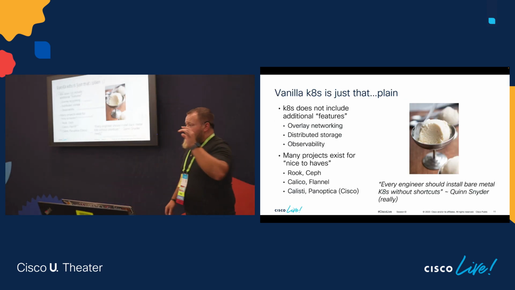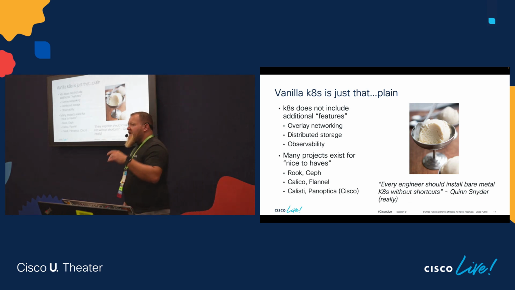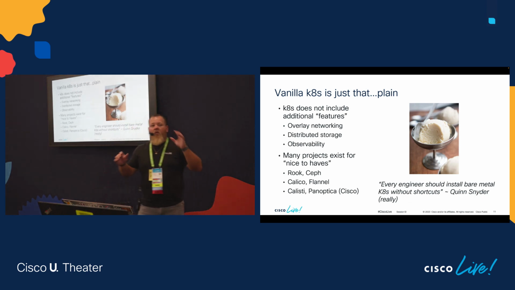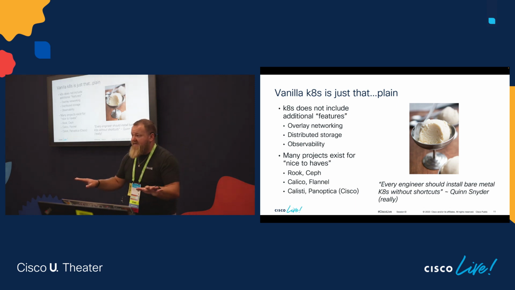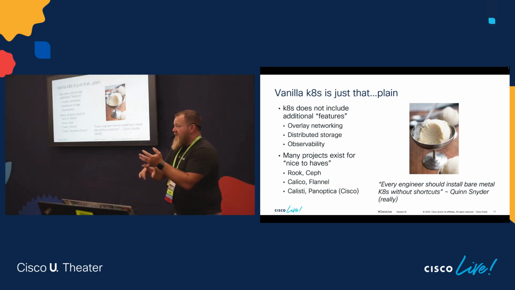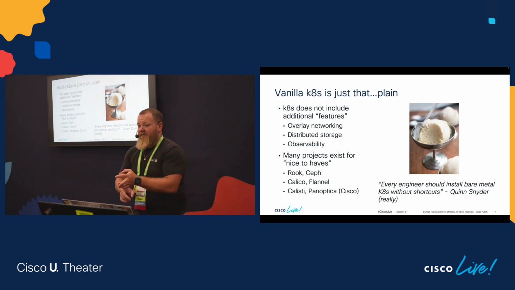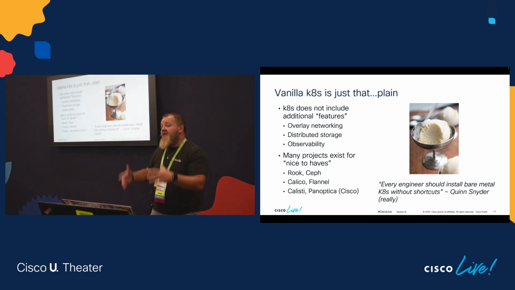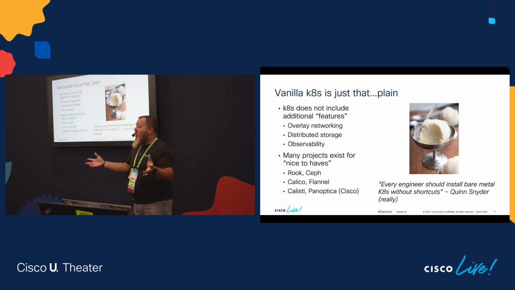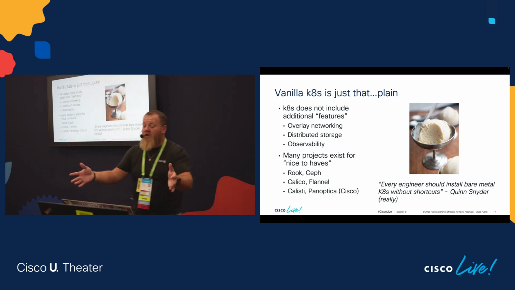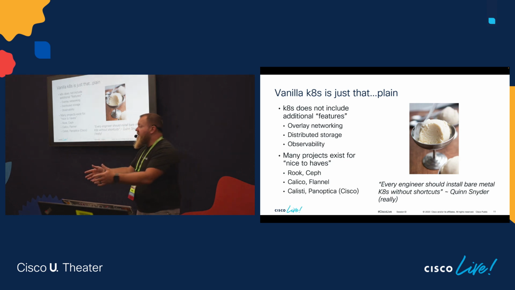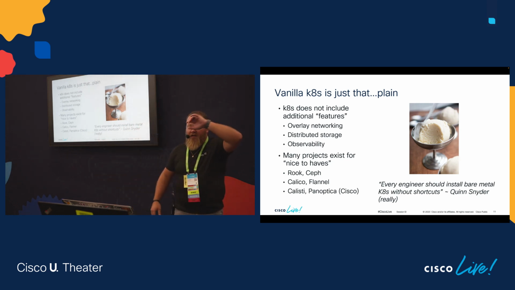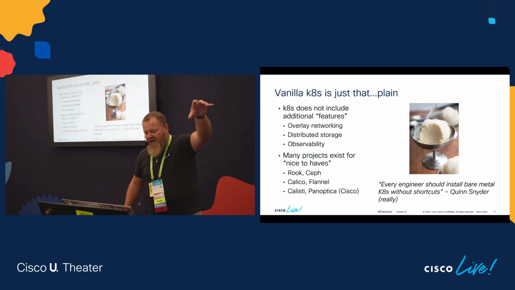Now, I emphasized a little bit, or a lot, what Kubernetes is at its base: its API, resource management, and orchestration. That is it. Additional things that are nice to haves: overlay networking between pods, persistent storage, observability through Istio or Calisti.